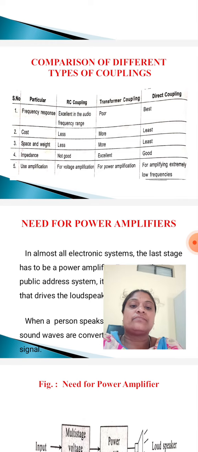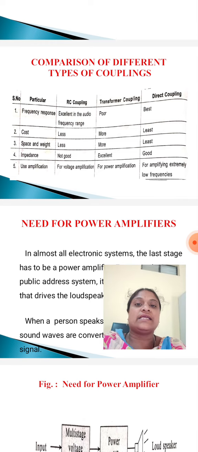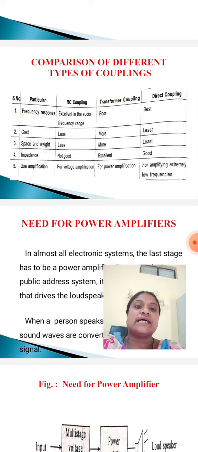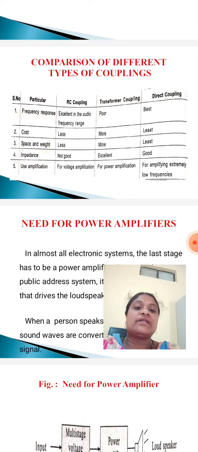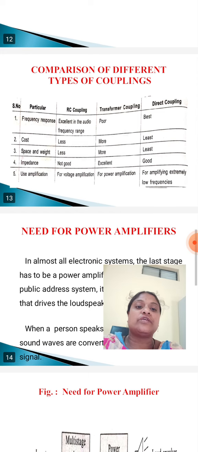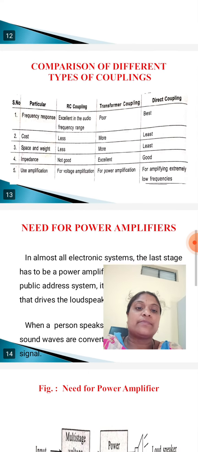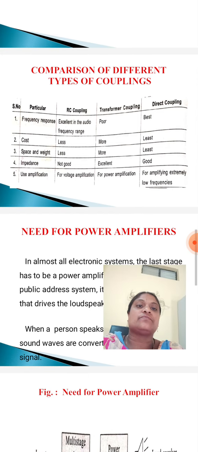Transformer cost is very high, so the circuit cost is more. Direct coupling cost is least because only a minimum number of resistors are used. There are no bypass capacitors, coupling capacitors, or transformers.